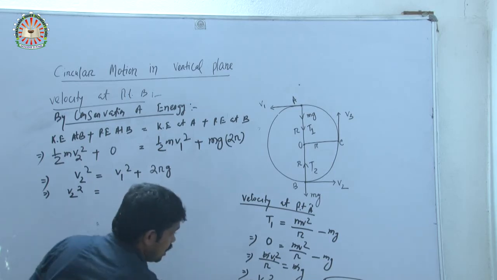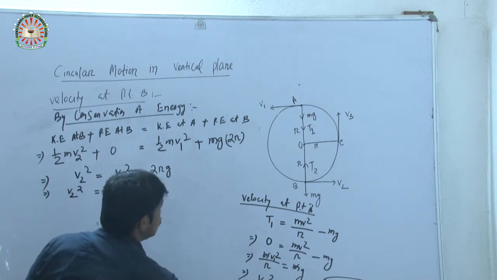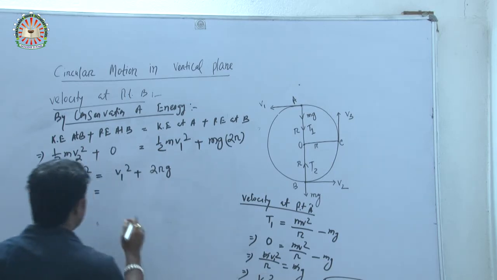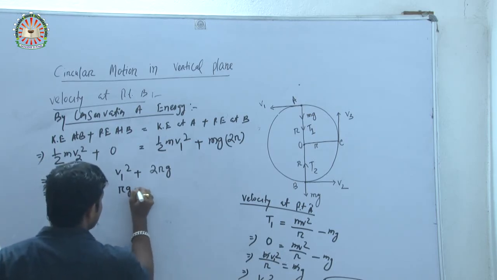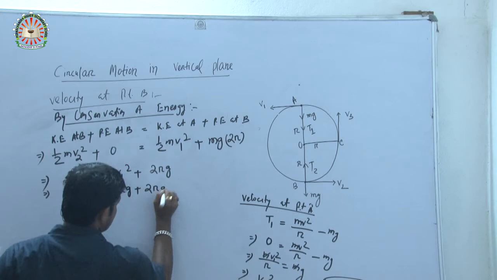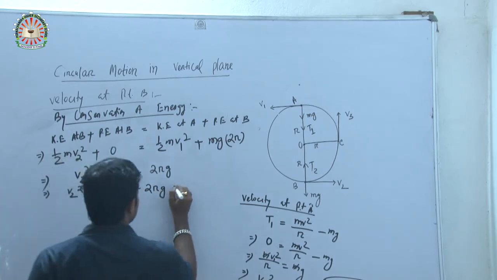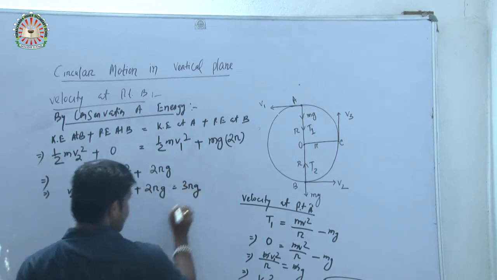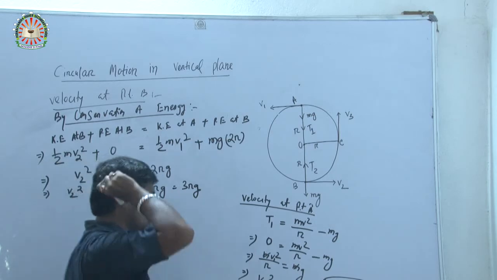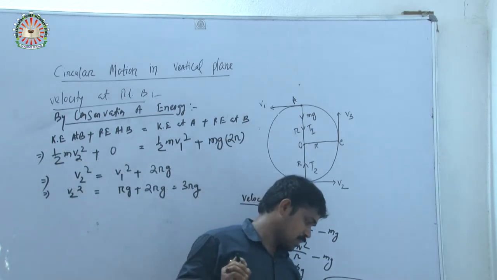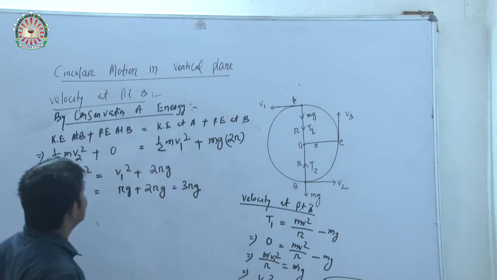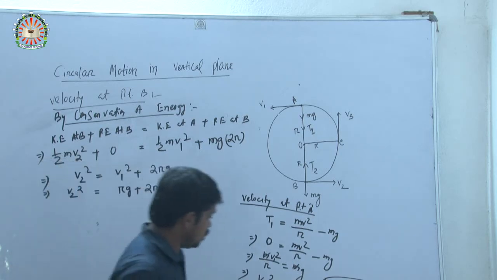So now let us put it: this is RG plus 2RG, so that is 3RG. Clear? Understood all of you? So V2 square is equal to this much, 3RG.